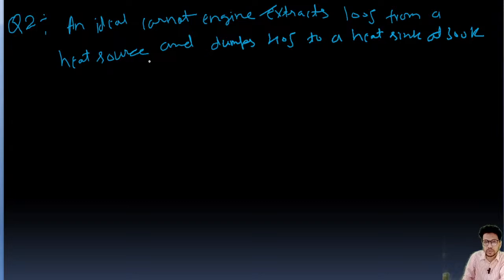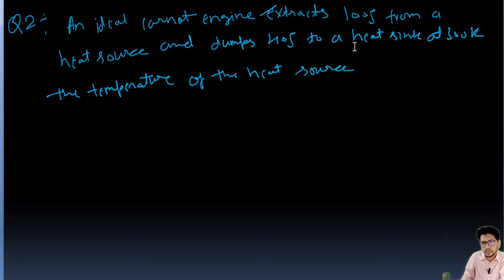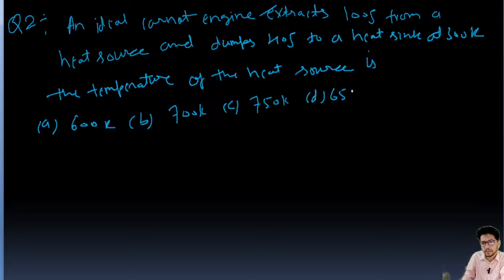The temperature of the heat source is, okay, options are: option A 600 Kelvin, option B 700 Kelvin, option C 750 Kelvin, and option D 650 Kelvin, okay. So this is the question, a very simple formula based question.